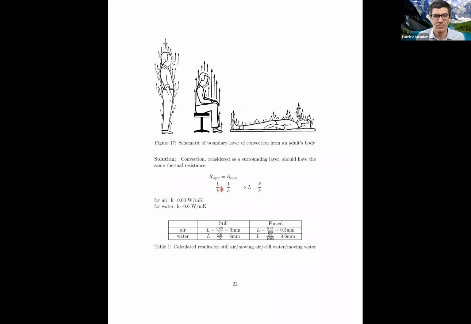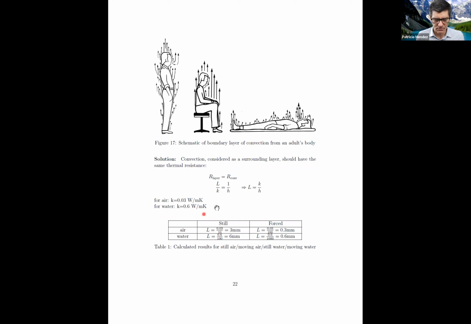From here, I can solve for the thickness of this boundary layer as K over H. The K is thermal conductivity, and the thermal conductivity of air is 0.03 watts per meter Kelvin, give or take. That depends on the temperature, but that's a good number at 20 degrees.